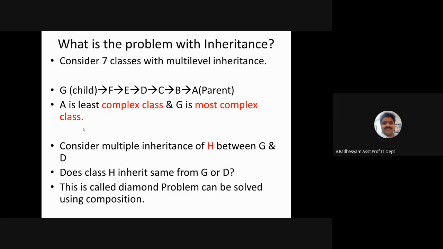And A is the least complex class. G is the most complex class.